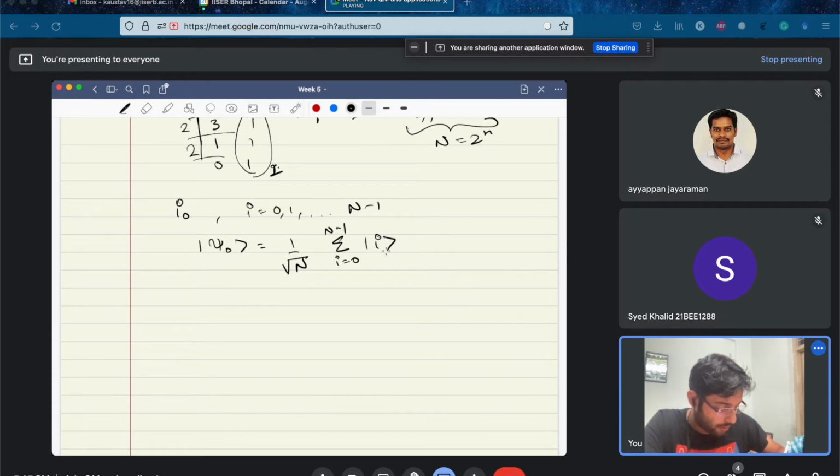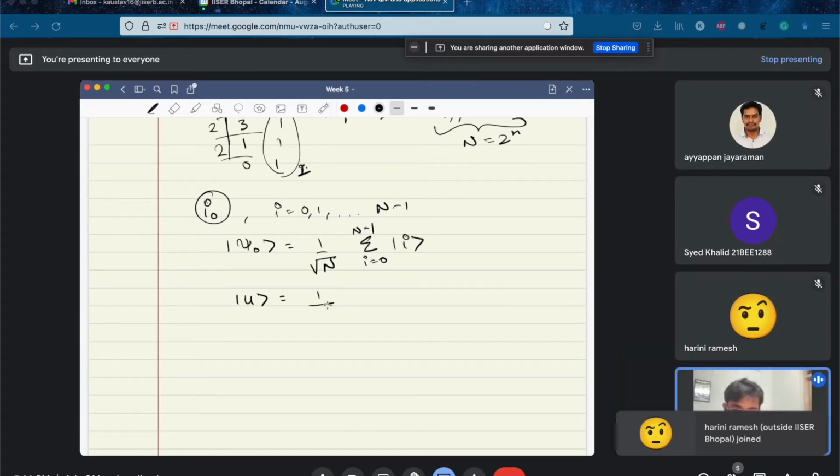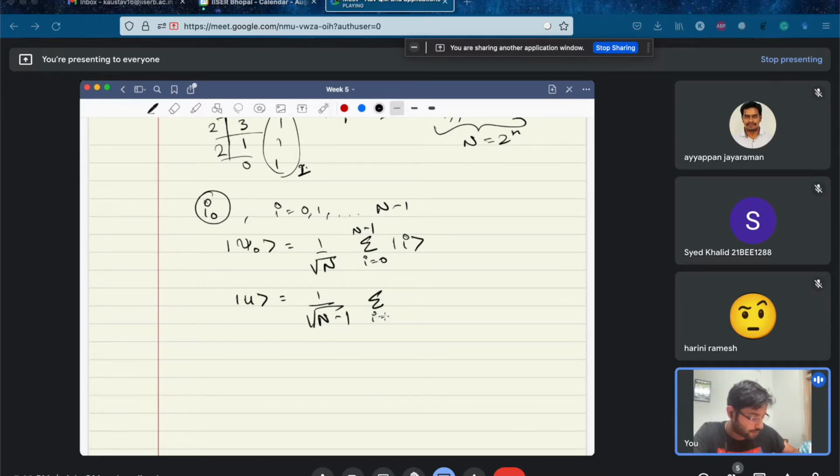Now let's define another state u, which does not contain the i naught. So i naught is the number that you are looking for, and let's say that number is not present here. So you have 1 over root n minus 1, because there is one number less, and the sum over i not equal to i naught.